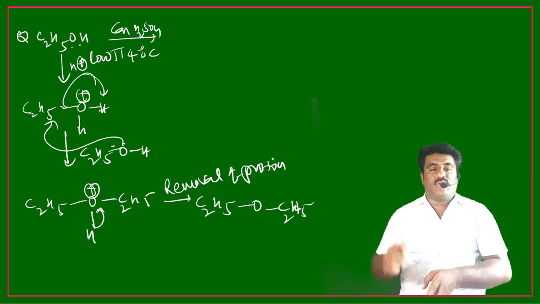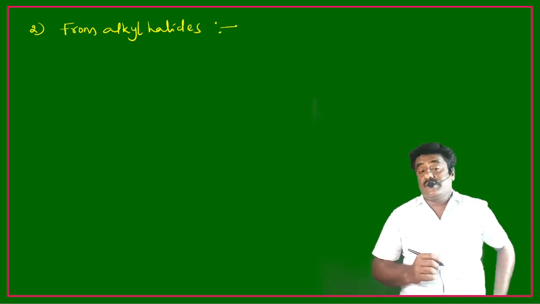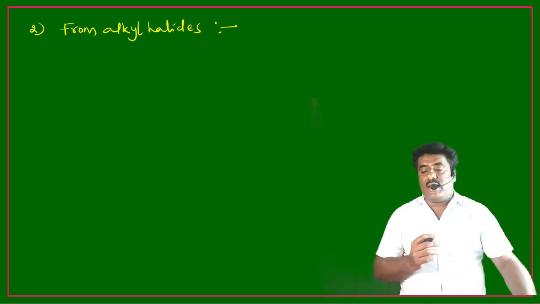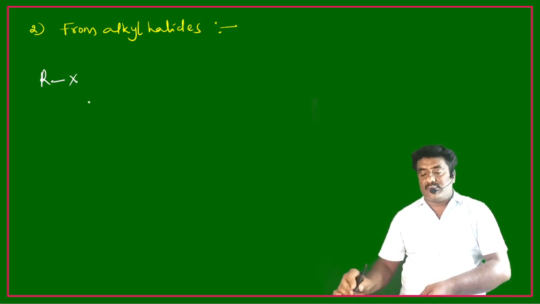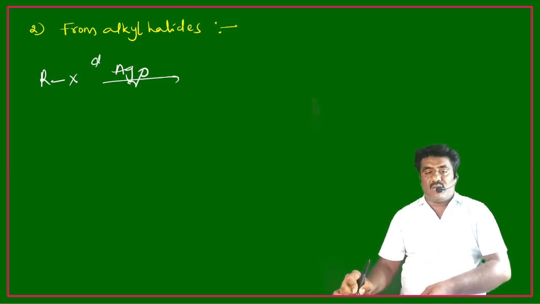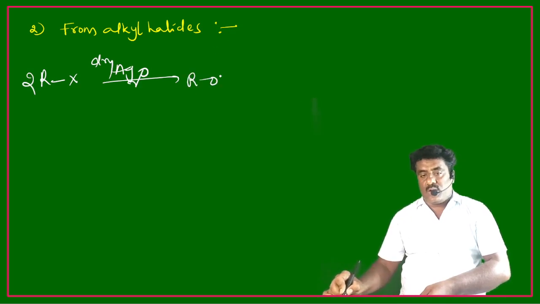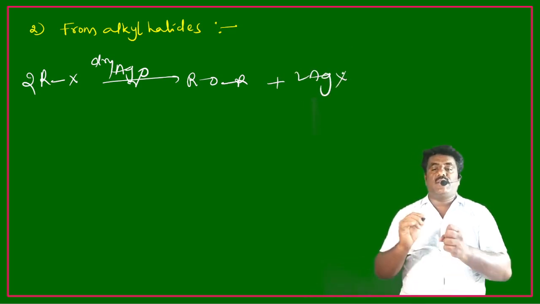Now the second method, from alkyl halides. Alkyl halide, RX, in presence of dry silver oxide, Ag2O, gives ether ROR plus 2AgX.